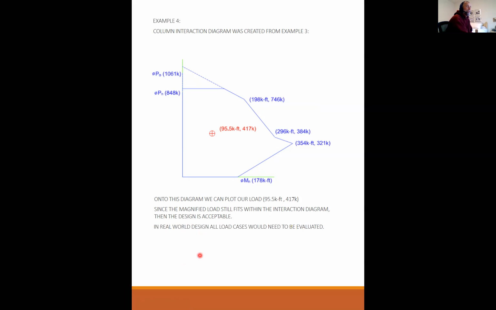In real world design, all load cases would need to be evaluated. Here we only did one load case, but in the real world, you could have many different cases. You could have skip live loading, you could have 1.4 dead or 1.2 dead plus 1.6 live, or you could have 1.2 plus 0.2 SDS dead plus the seismic lateral load on there.